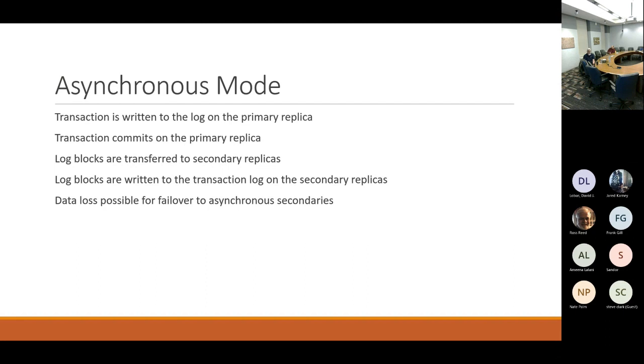There is a guarantee that you're going to lose data because it's very possible that transactions have not committed on that secondary node. So it's defining what your recovery time objective and your recovery point objective are when you set this architecture up. So it's just something to keep in mind.